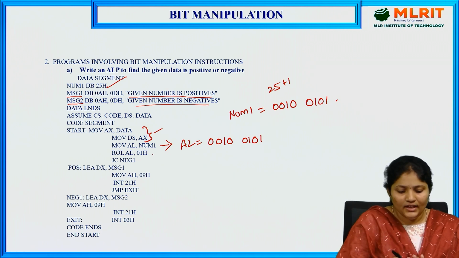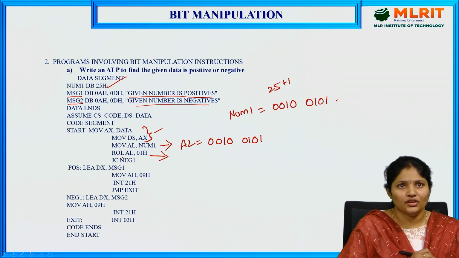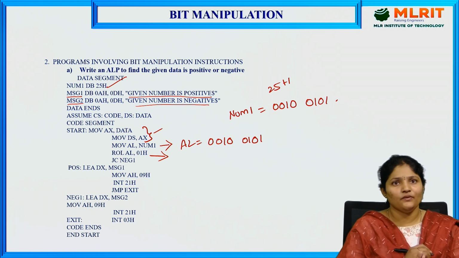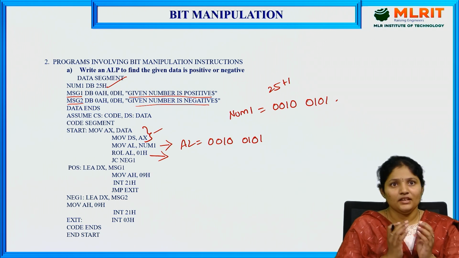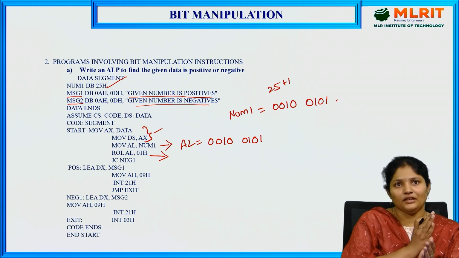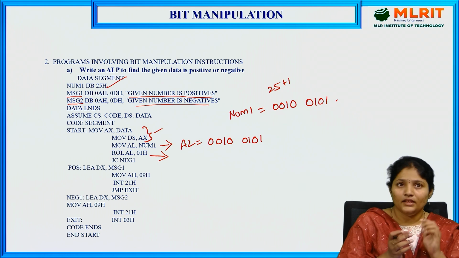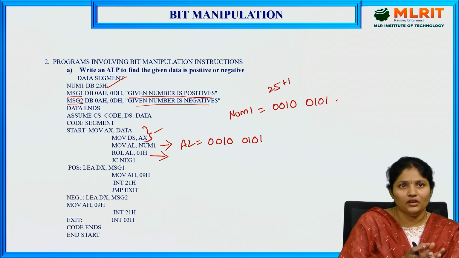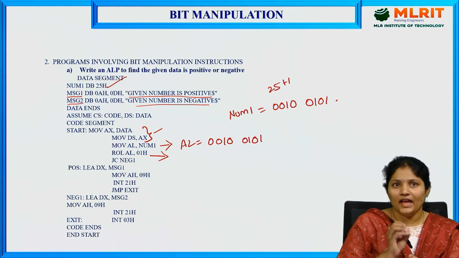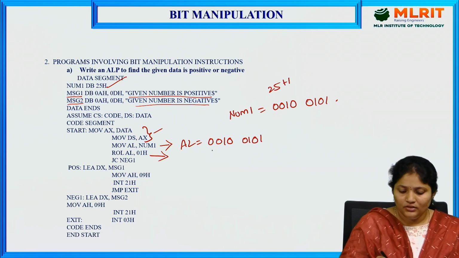The next instruction is the rotate instruction, ROL, rotate left. As I already told you in the instructions video, the rotate instruction is used to shift, and the most significant bit becomes the least significant bit. But here the carry bit will also be involved.